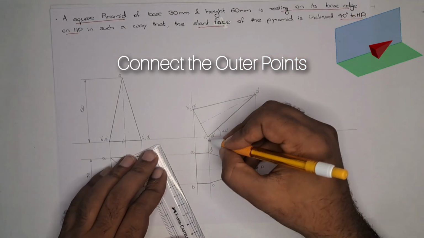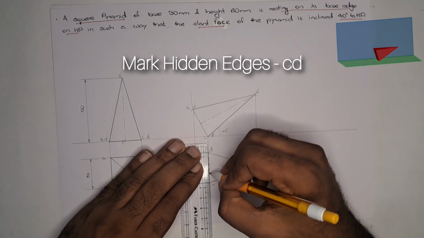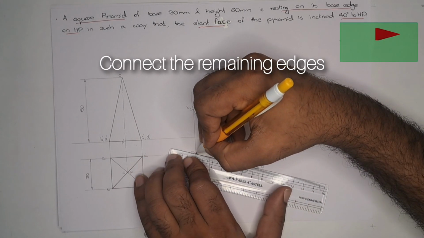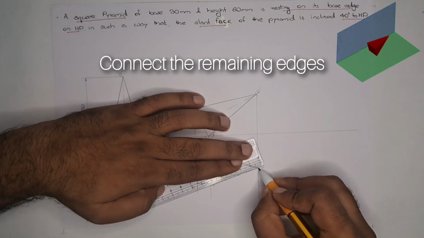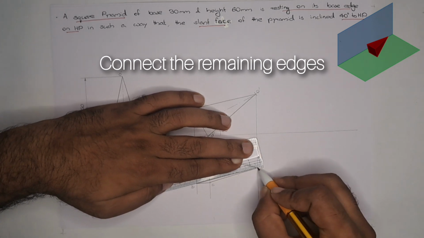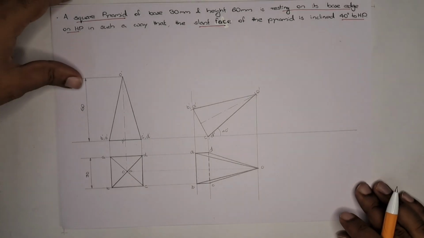And similarly, only the CD will be hidden. We can mark the hidden and we can connect the remaining AO and BO. So this is the final thing.